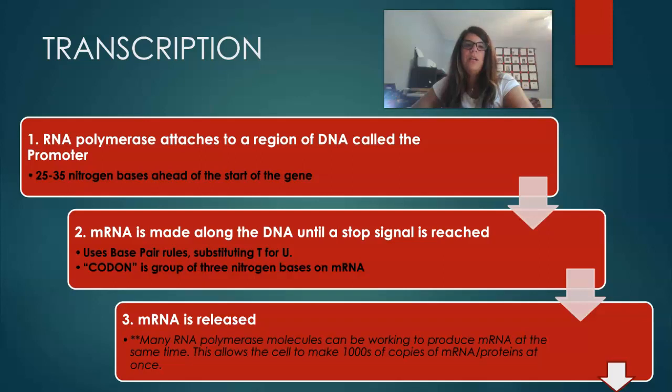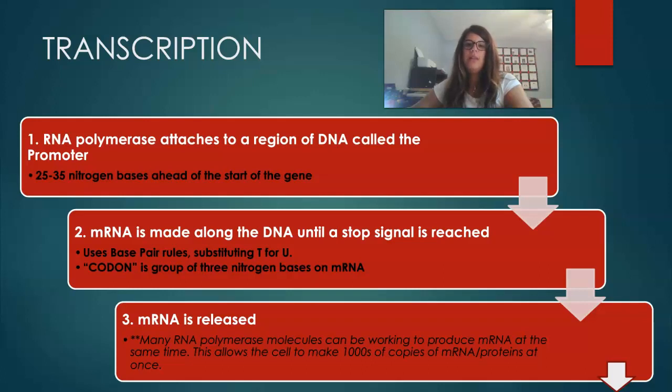Then it's going to start traveling along the length of the DNA, making a messenger RNA alongside of it. The messenger RNA will be made by using the base pair rules, and I'll show you how that works in just a second. A's will end up going into U's, because remember there's no T's in an RNA, and then G's and C's will connect together.